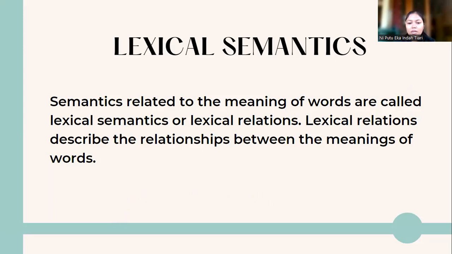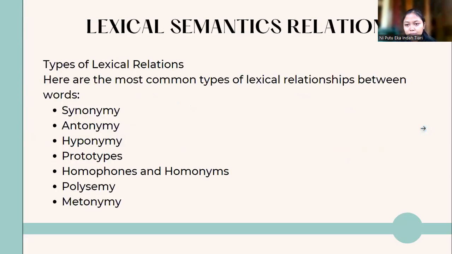Semantics related to the meaning of words are called lexical semantics or lexical relations. Lexical relations describe the relationship between the meanings of words. There are some types of lexical relations.